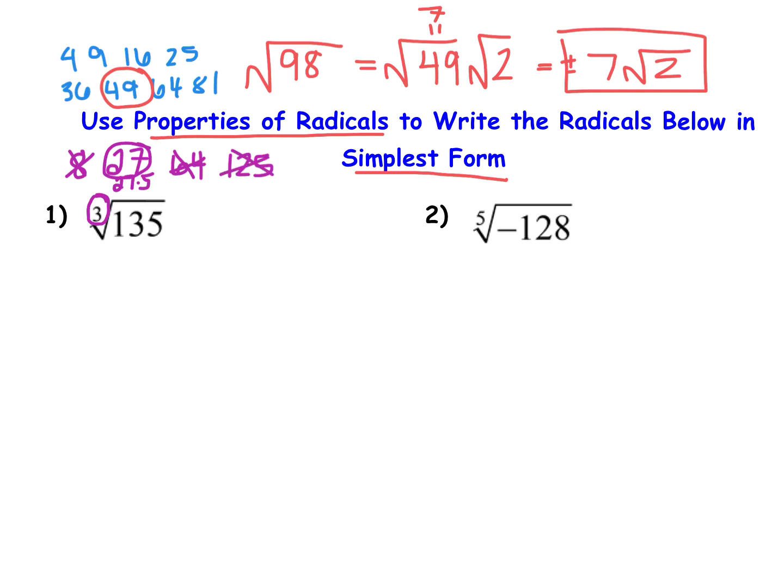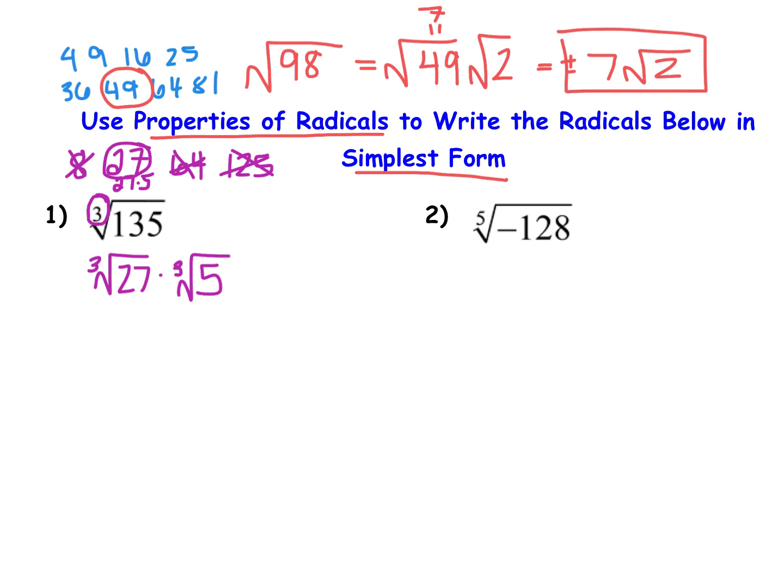So I'm going to rewrite this as the third root of 27 times the third root of 5. Notice that I'm just using that product property to rewrite 135 as a product, and when I write it as a product, I can split it up into two different radicals.